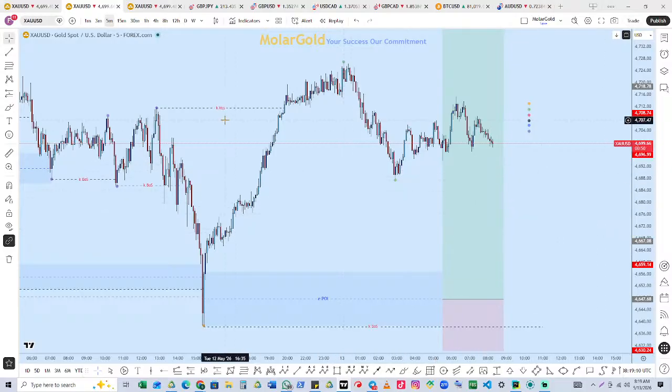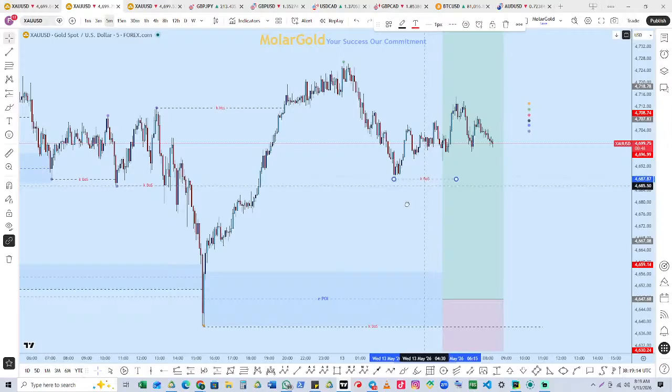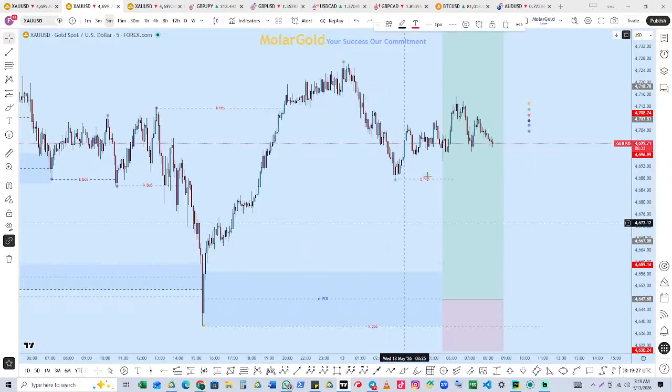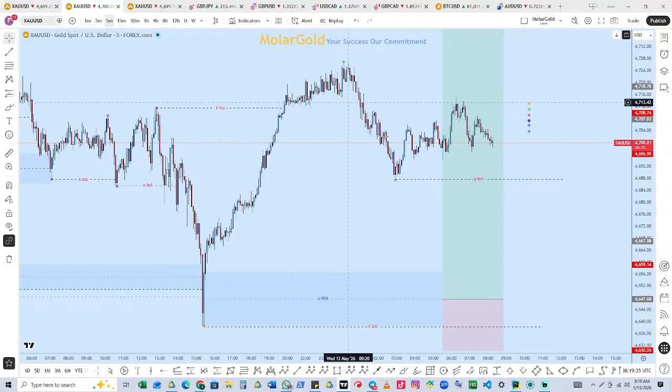Okay, so we have a green BOS right here. So this is a green BOS, a GBOS, and this is basically it. And what we have is the ERL.